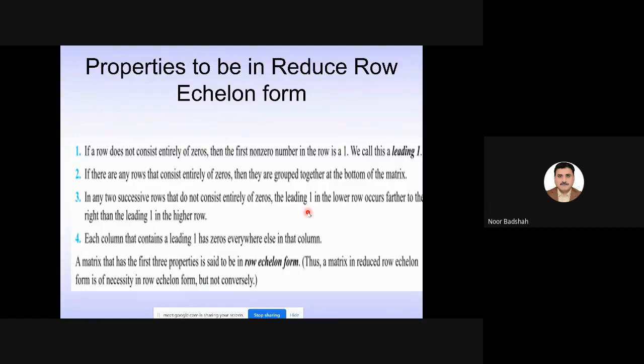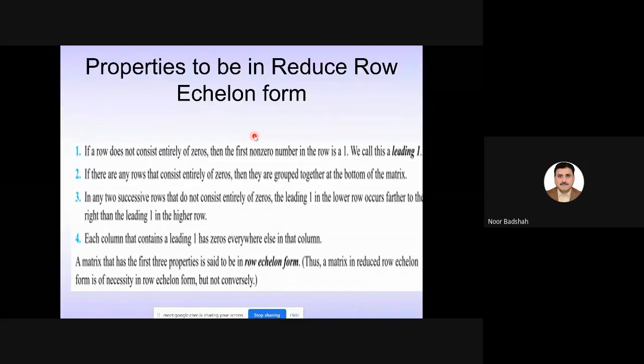If we combine all together, we say a matrix will be in a reduced echelon form if any zero row is at the bottom. If there is any zero row, that must be at the bottom. All pivots should be 1. All pivots, that is the non-zero entry in each row, must be 1.